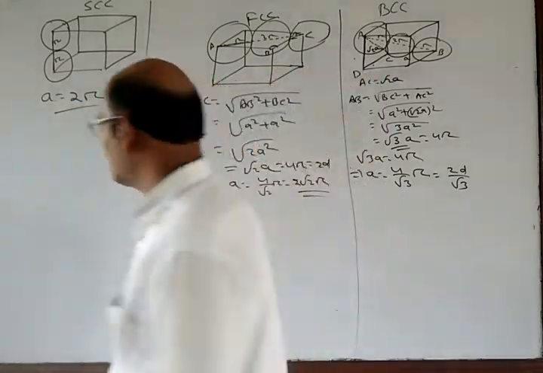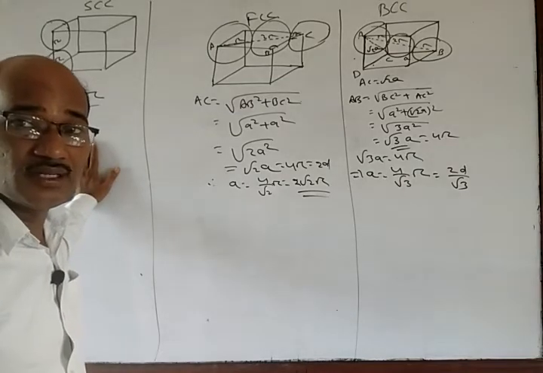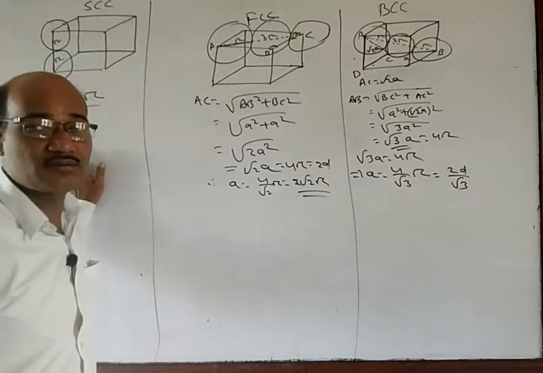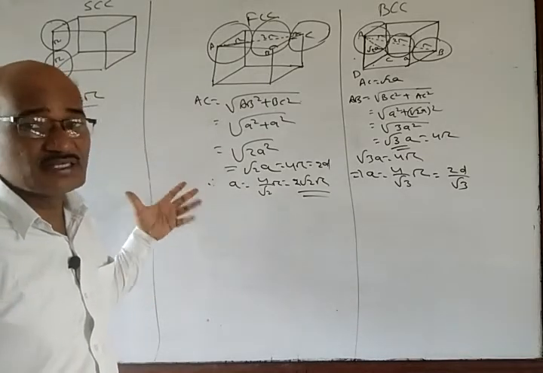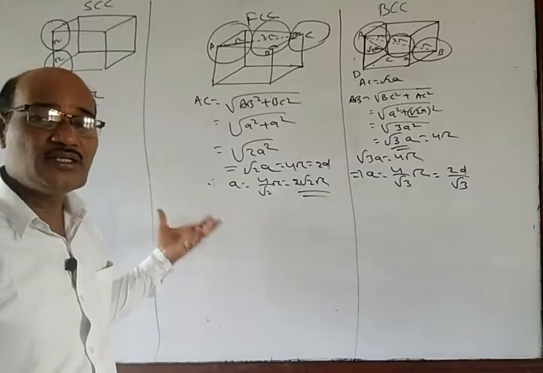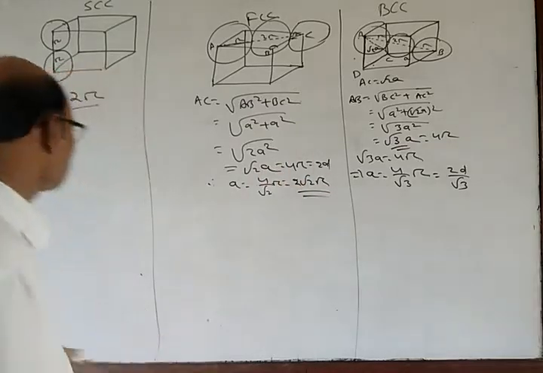In the case of a simple cubic unit cell, there will be more empty space, with only one atom occupying space. And in FCC, because more atoms are there, obviously the void space will be less here. Okay, so let us calculate.